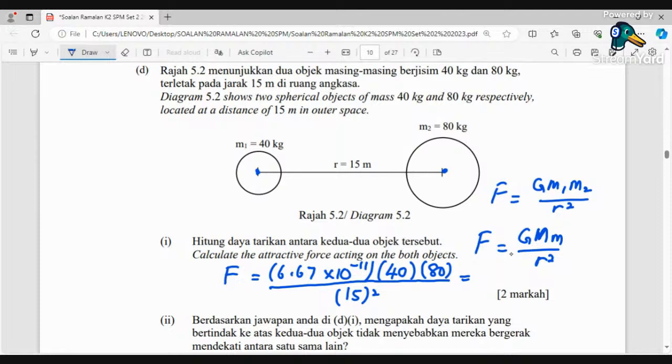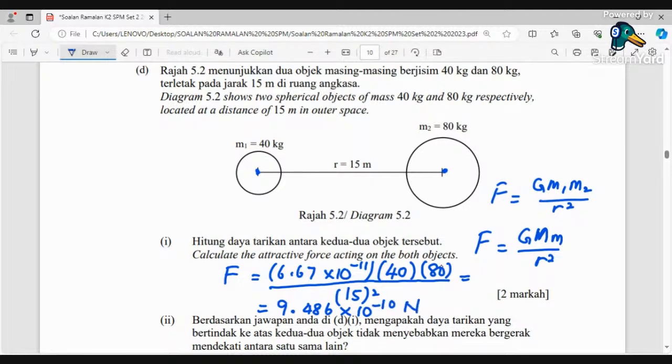So we get the answer, write down below here, 9.486 times 10 power negative 10 Newton.